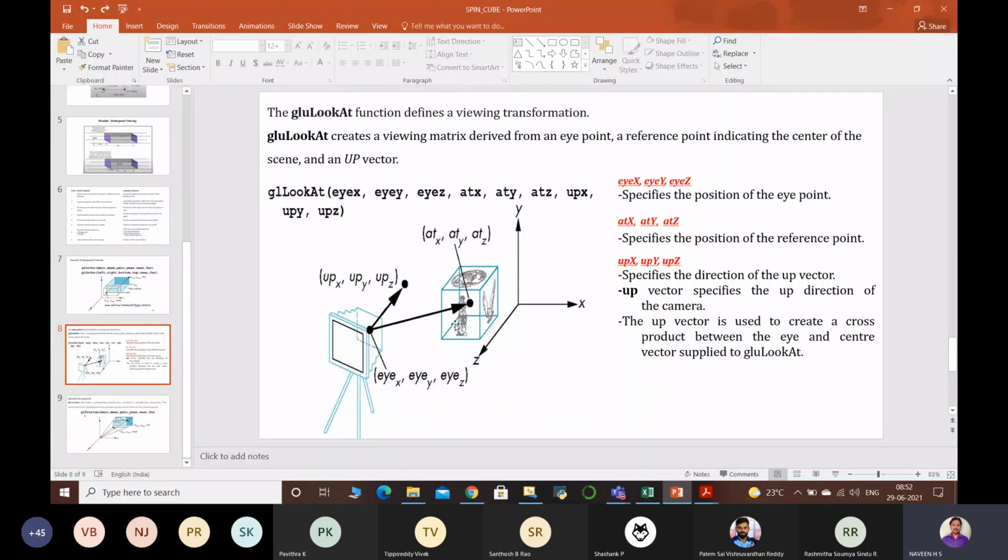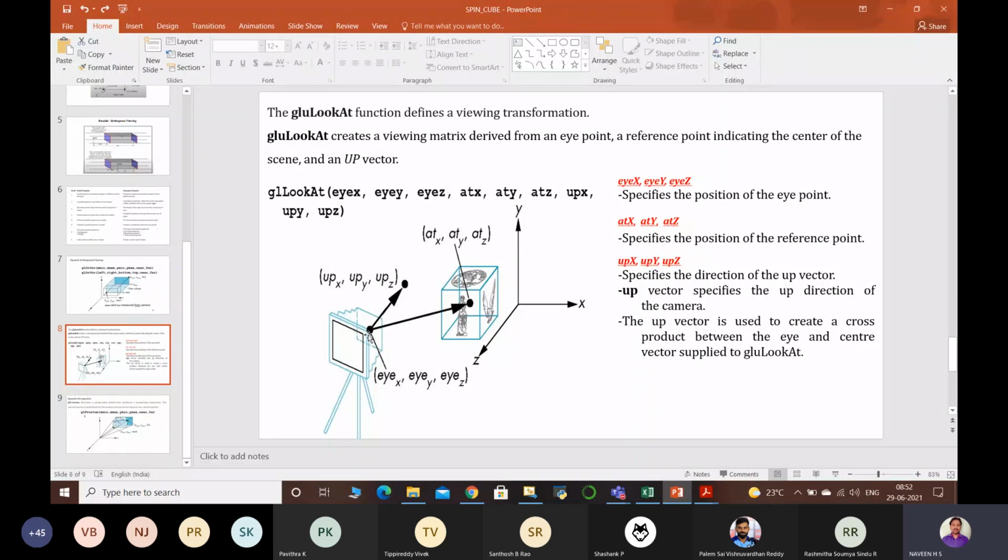Anything is okay. That's why we call it the eye coordinate system or camera coordinate system. This is the center of the projection from which we can visualize the object. Those values, atX, atY, atZ, the reference point or center of projection, are what you pass.